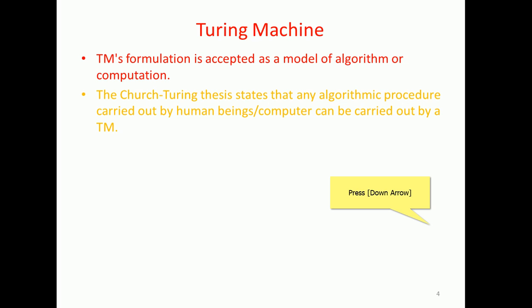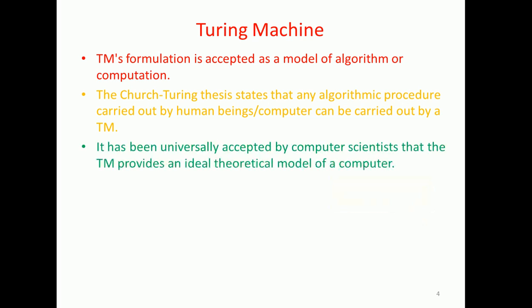Similarly, the computer also carried out the same steps which human beings adopted. That will be carried out by the Turing machine model. It has been universally accepted by computer scientists. The entire computer science community has universally considered that a Turing machine provides the ideal theoretical model of the computer.